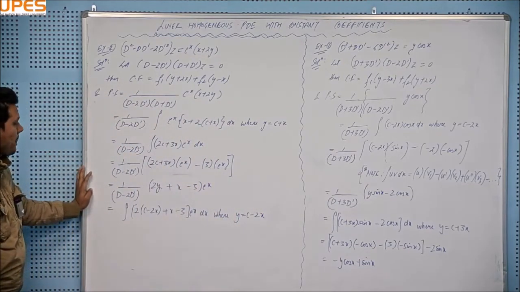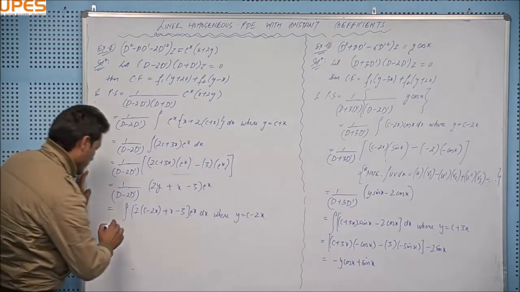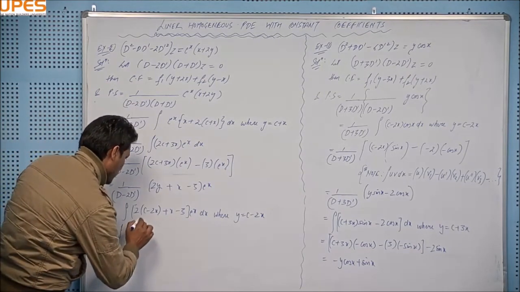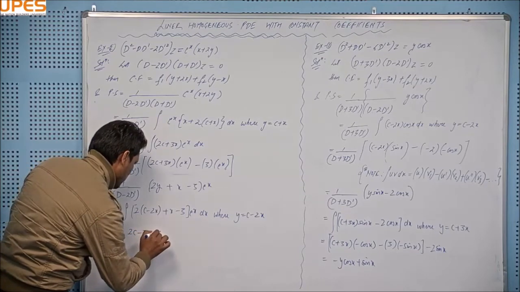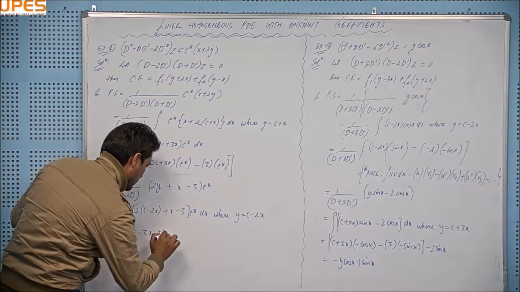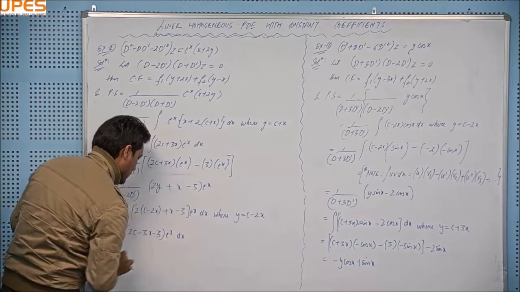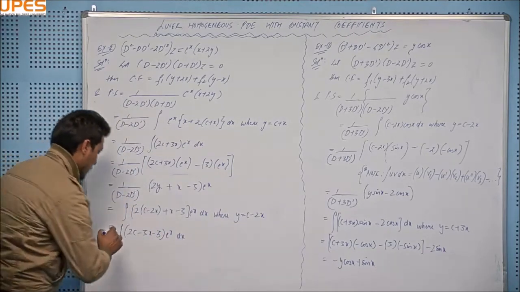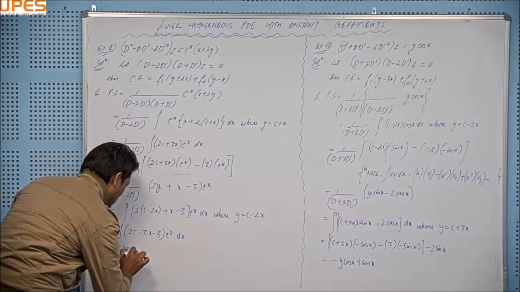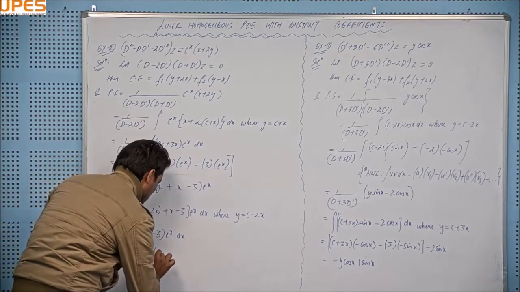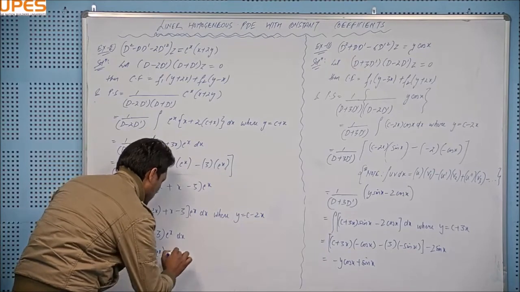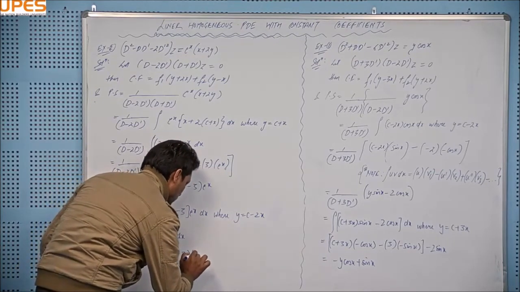Then simplification will give 2c minus 3x minus 3 and e to the power x dx, and then applying the integration formula, I will have 2c minus 3x minus 3 times the integration of e to the power x, which is e to the power x, minus the differentiation of this thing, which is minus 3, and e to the power x. Then done.